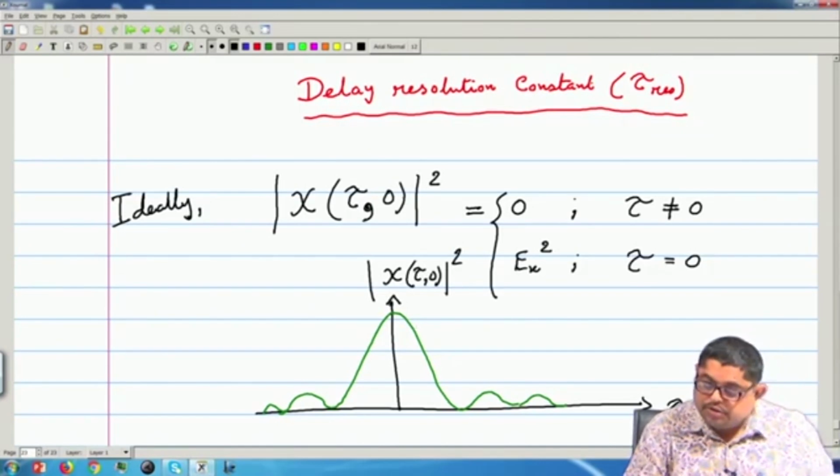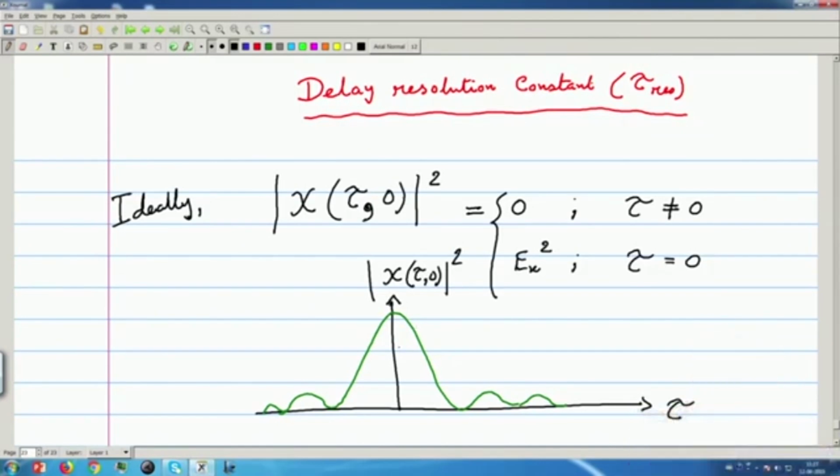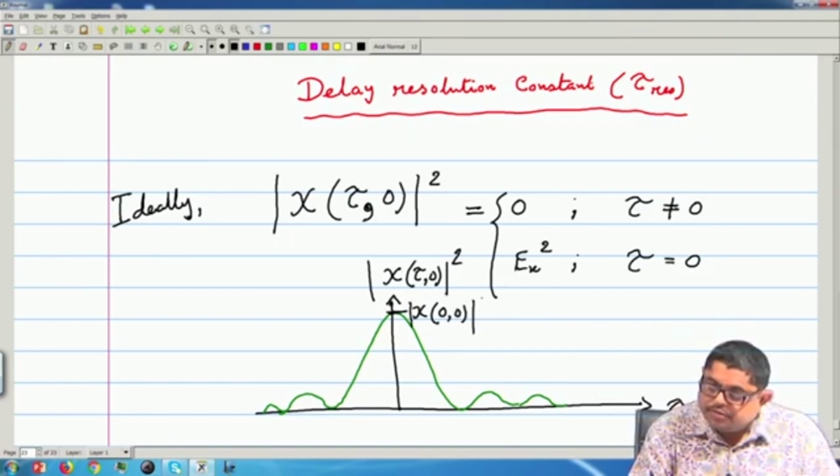So, it will have a spread, and then also it will have side lobes. This is what any practical correlation function can be. And we also know that this peak value is nothing but |chi(0, 0)|^2, because tau is equal to 0 here.